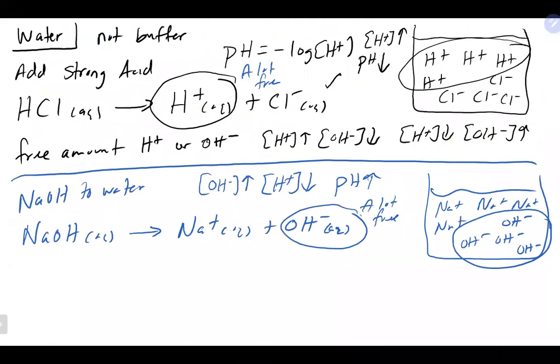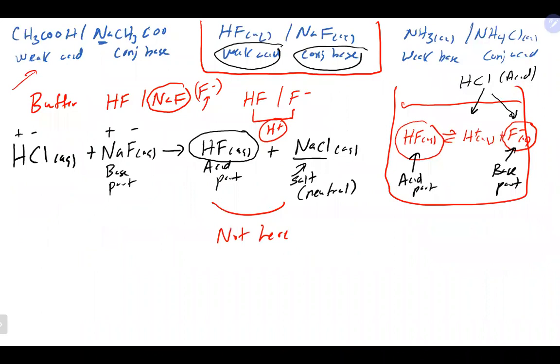If we go back, when we reacted HCl and water, we generated a bunch of free H plus when we dumped that into water. When we dump that exact same acid into this buffer, there is no free H plus formed. The H basically ended up with the base there. It got tied up, it's not freely floating anymore.